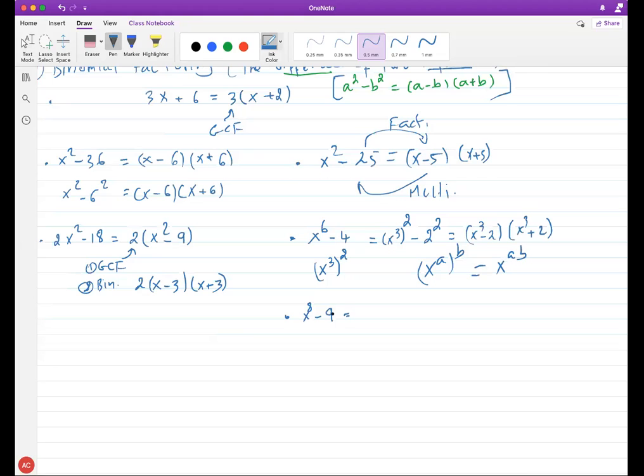Okay, so what do you think happens here? So we have a difference. Turn it into parentheses x to the fourth, close parentheses, squared minus 3 squared.